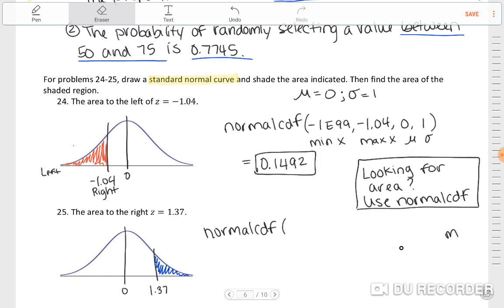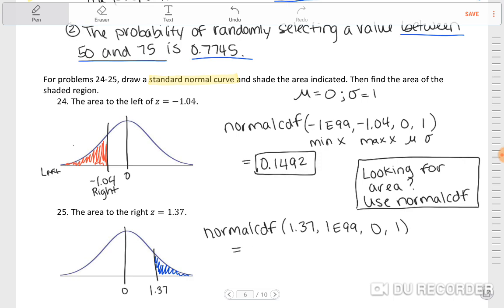Normal CDF, my minimum x value, or z value in this case, is 1.37. My maximum is 1e99, 0 and 1.